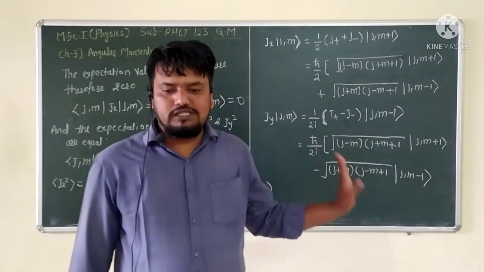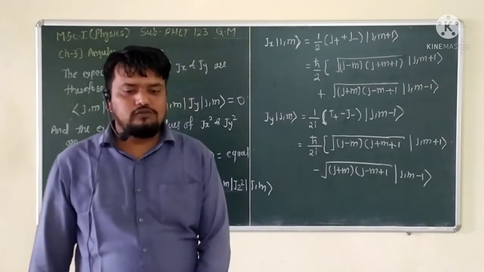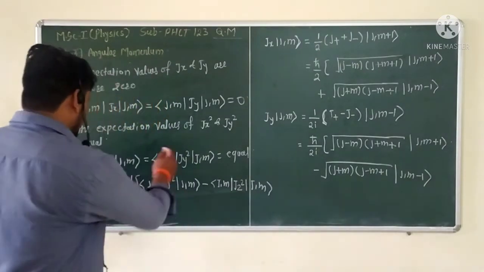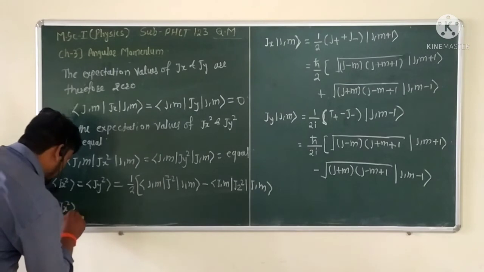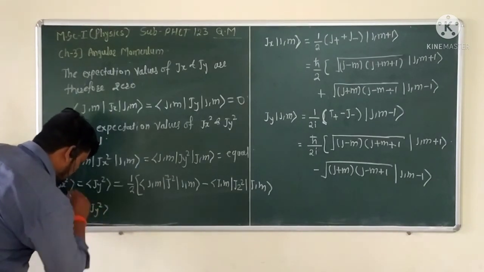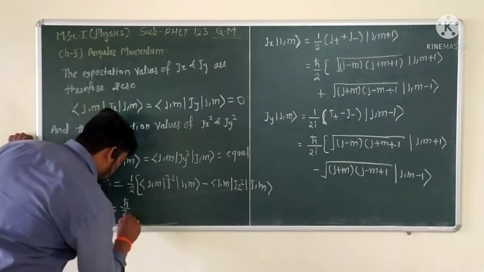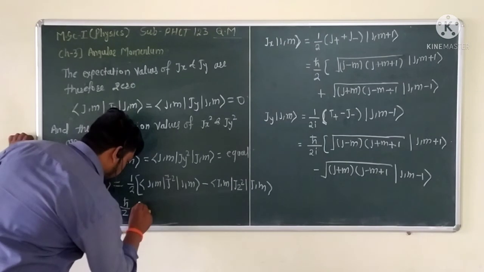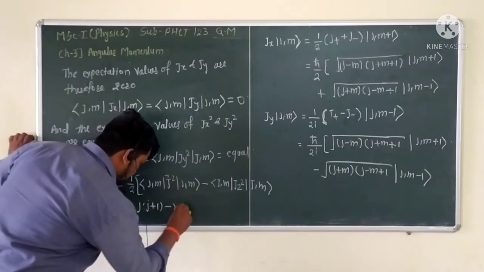Using the eigenvalue equation of Jx square and Jy square and solving, the final relation is that Jx square is equal to Jy square, which is nothing but h cross over 2, J of J plus 1, minus m.